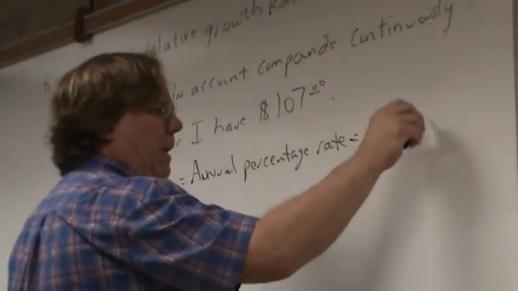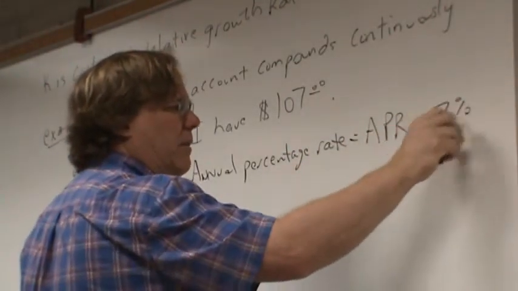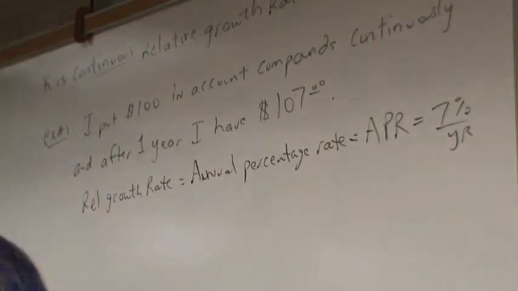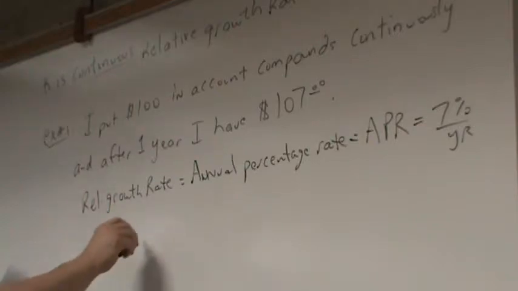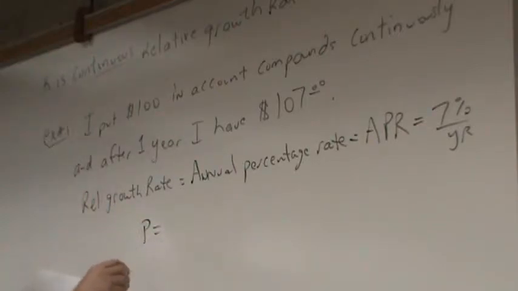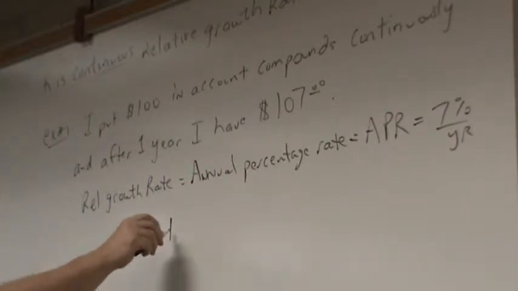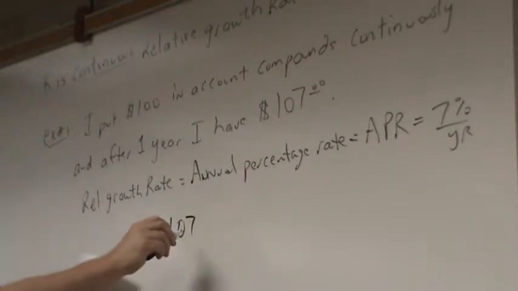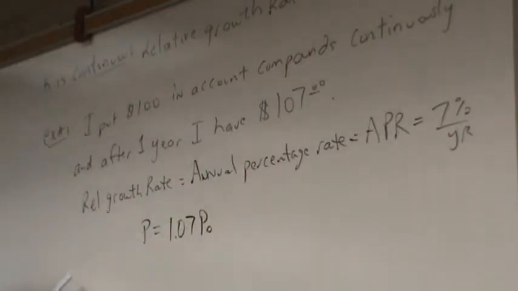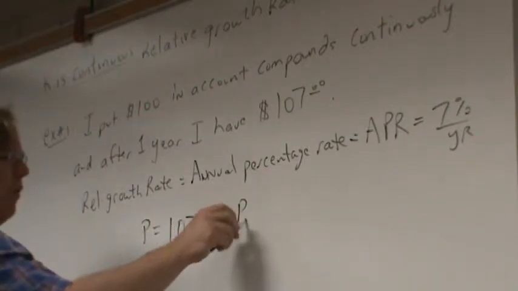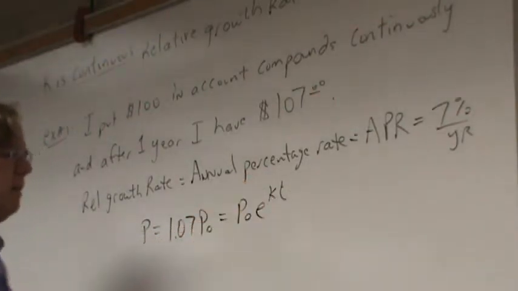This annual growth rate is 7% per year, but it's not what K is. The continuous growth rate, K, has to be found as follows. P equals 1.07 times P naught, and that's going to equal P naught e to the KT.